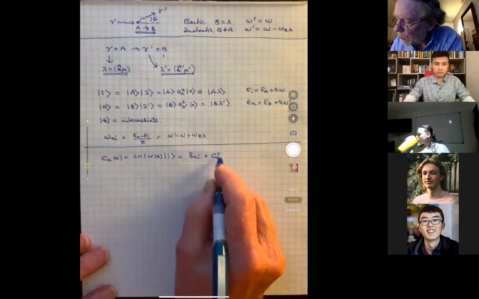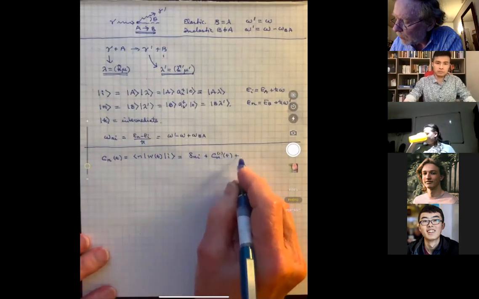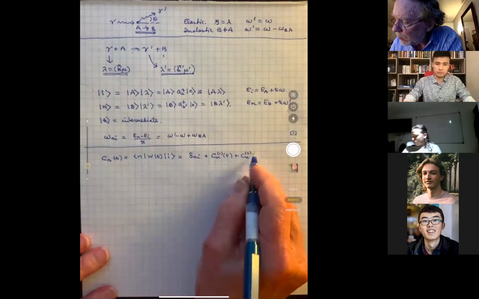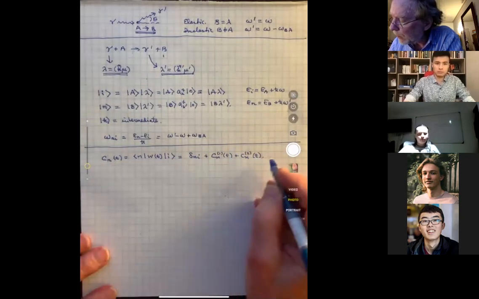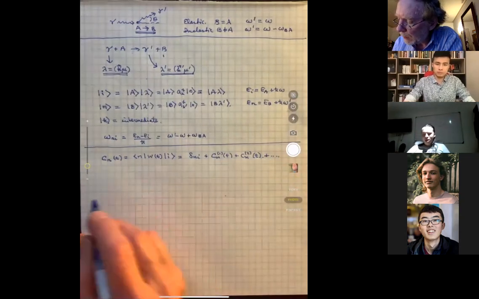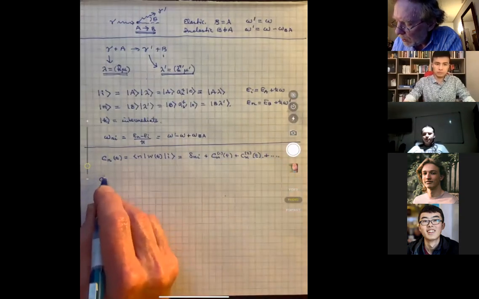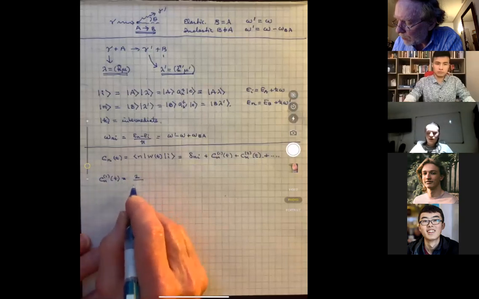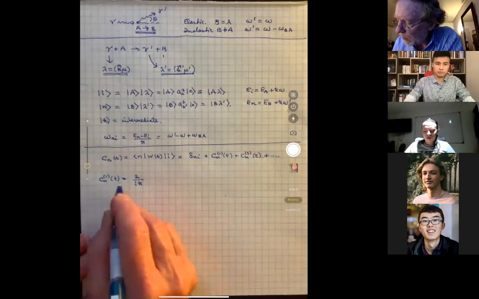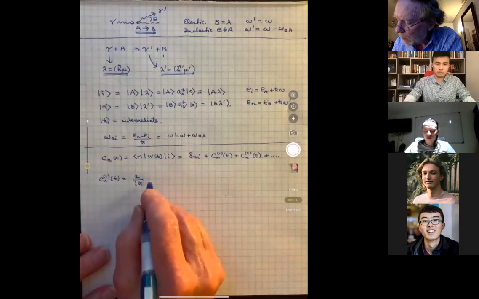And then we had first order and second order and so on contributions to the transition. This is a transition amplitude, not a probability. Expand the transition amplitude like this. And the Cn at first order in time-dependent perturbation theory turns out to be this formula. There's a somewhat complicated looking time-dependent factor.